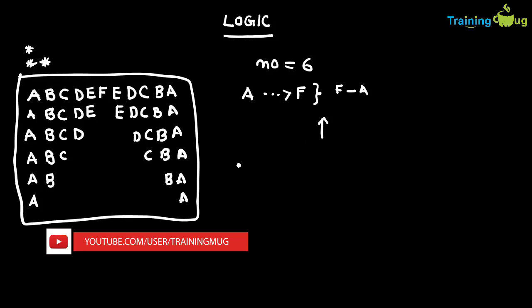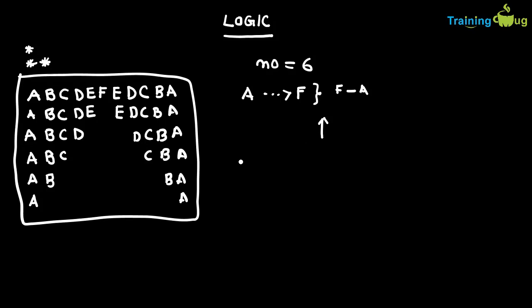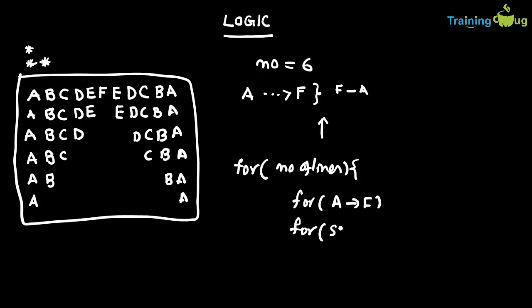So how many loops do we require? First we require an outer for loop which iterates for the number of lines. Within this I need one for loop which prints from A to F, one more for loop which prints spaces in between, and one more for loop which prints from F to A, according to my logic.